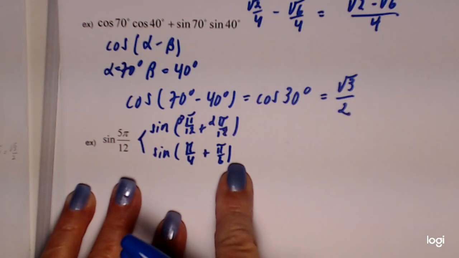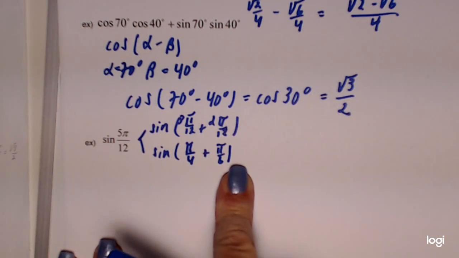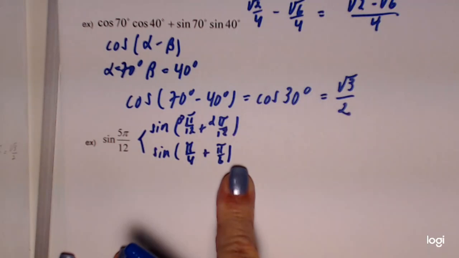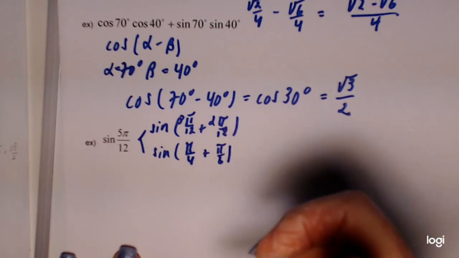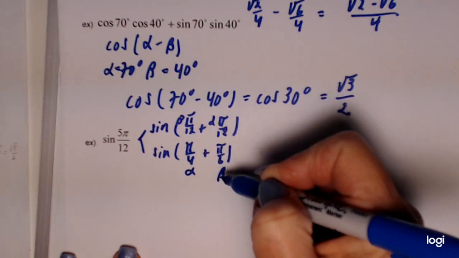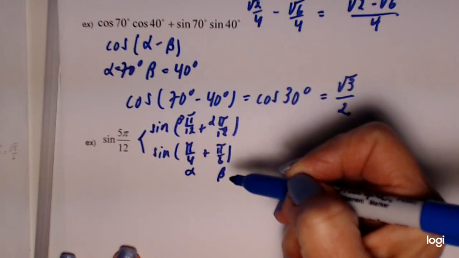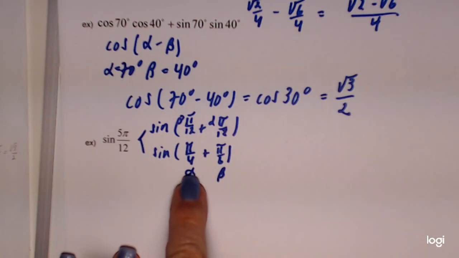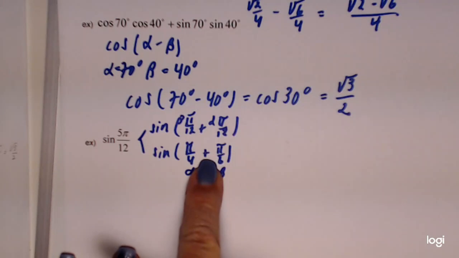And pi over 4 and pi over 6 are two angles that we recognize, that we know the trig functions for. So I'm going to call this pi over 4 our alpha and pi over 6 beta. And same as the other examples, I could call this beta and this alpha because this is addition. It's not going to make a difference.